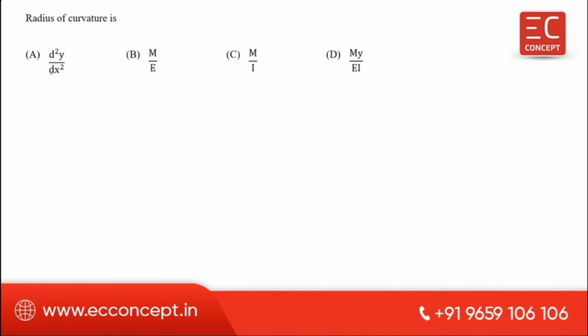Okay. Next question. Radius of curvature is always d square y by dx square.